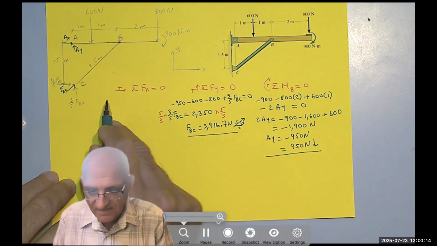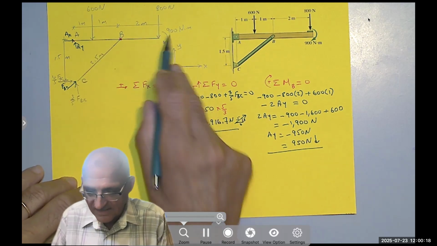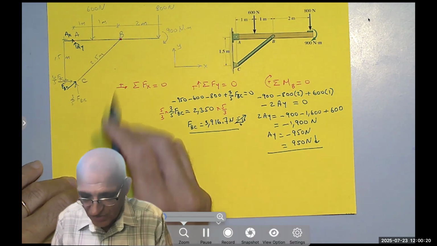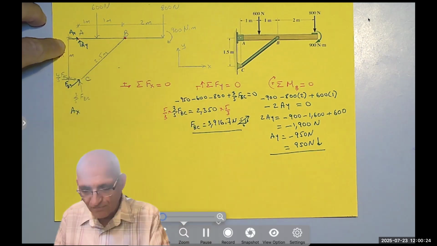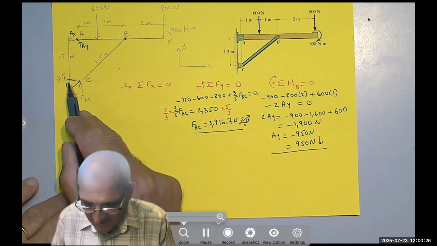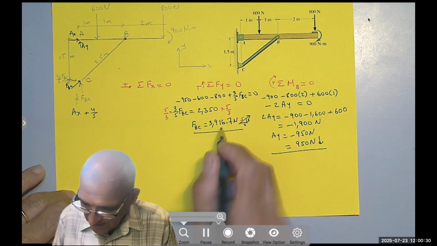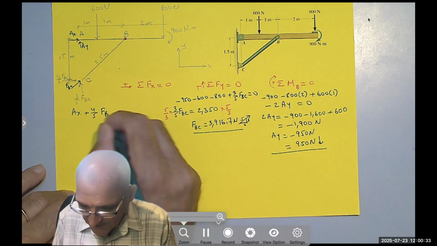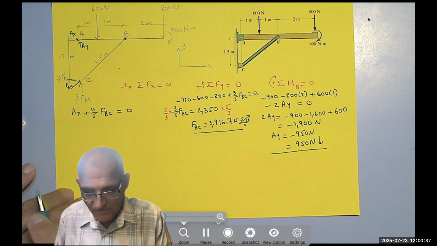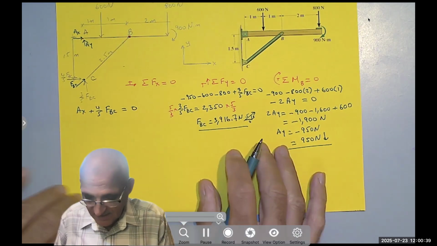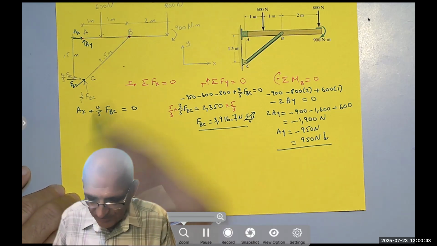The last thing is the summation of the forces in the X. I don't have an X. That's a moment, so it doesn't have either an X or a Y. I have A sub X going to the right plus 4/5 of FBC equals 0. These are the only two forces in the X. Notice this would move to the right, so it would be negative.